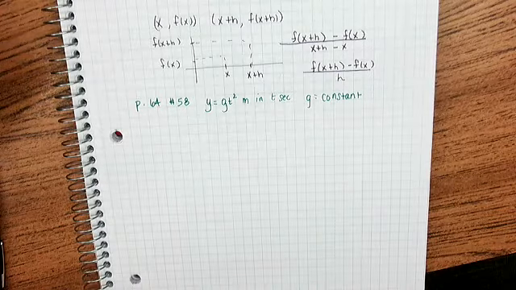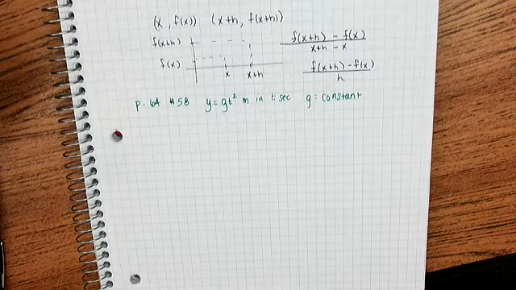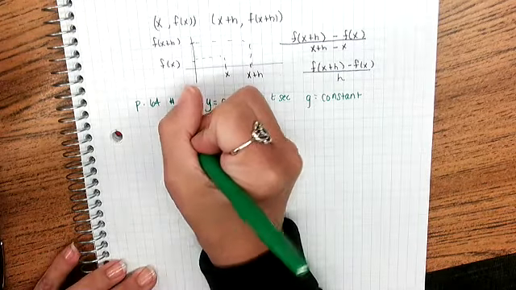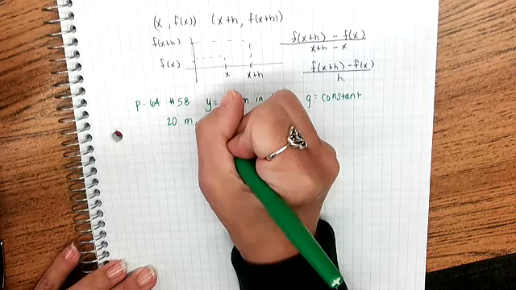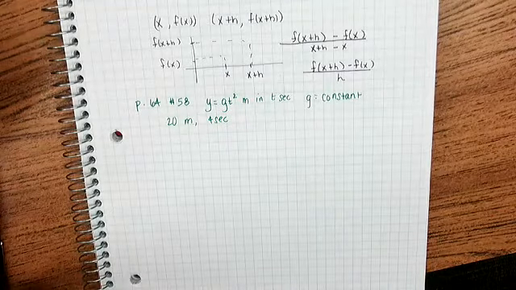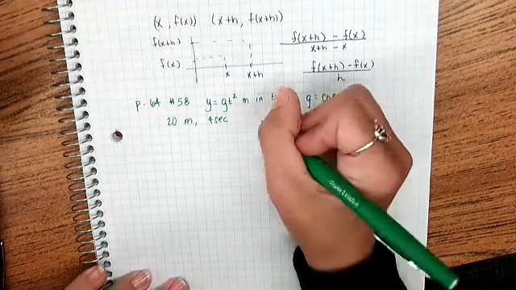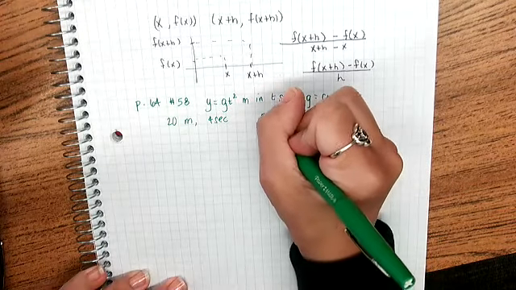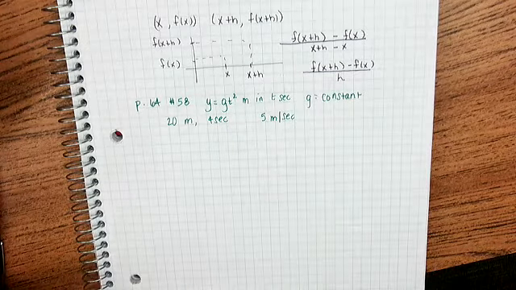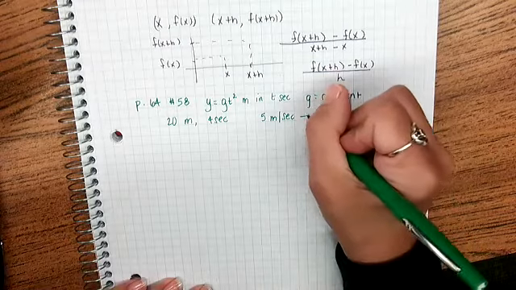Suppose the rock falls to the bottom of a crevice 20 meters below and it reaches the bottom in 4 seconds. So 20 meters in 4 seconds. I don't think it takes us long to figure out that that is 5 meters per second. This represents its average speed.